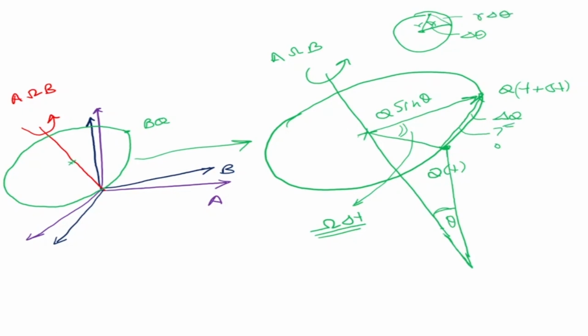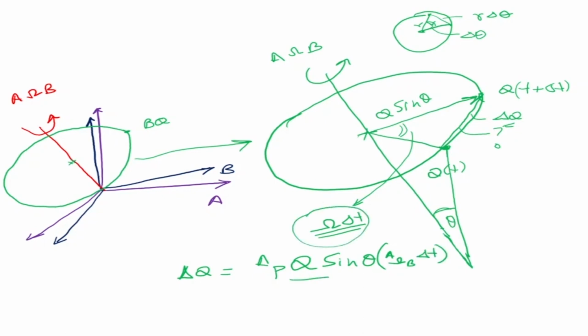So what we are getting is del q is equal to, that is the distance q sine theta, the radius of that circle, into omega into del t. This is the angle subtended at the center, so it is r into del theta. This is r, and that is del theta, so that is the arc that it is subtending.